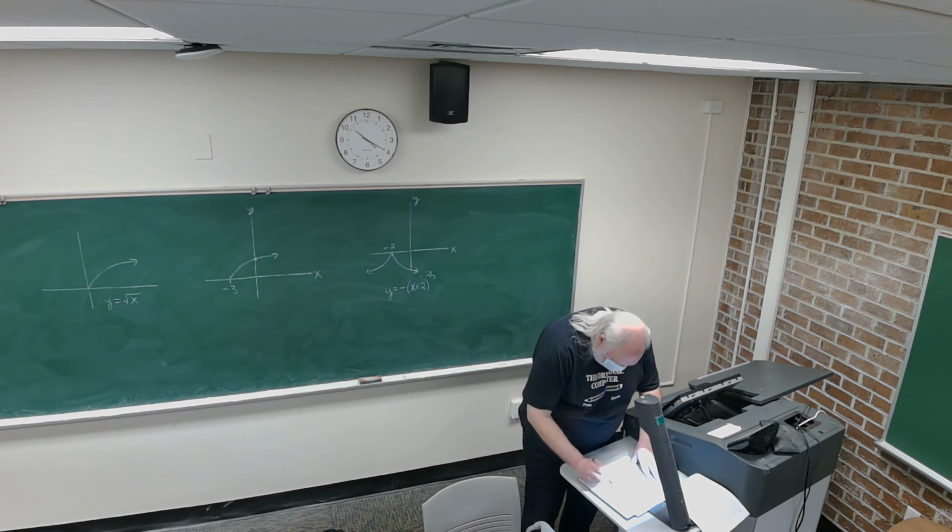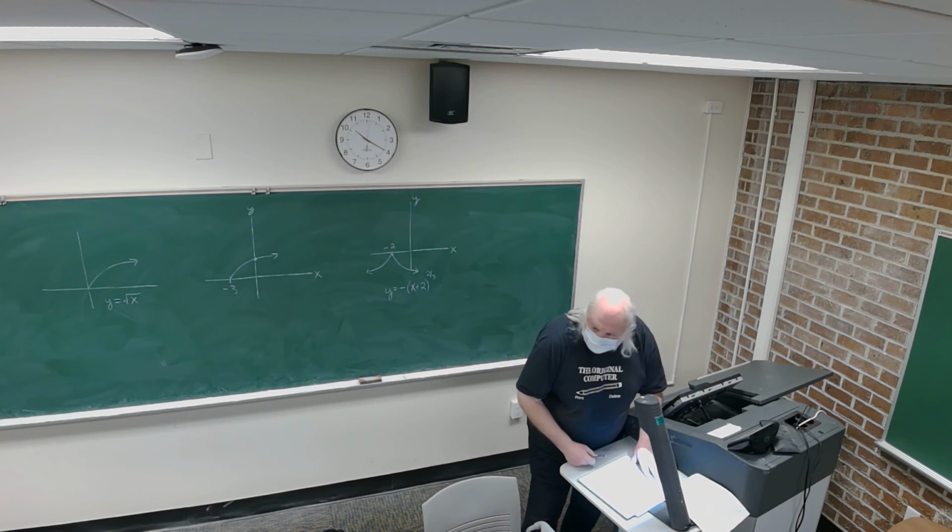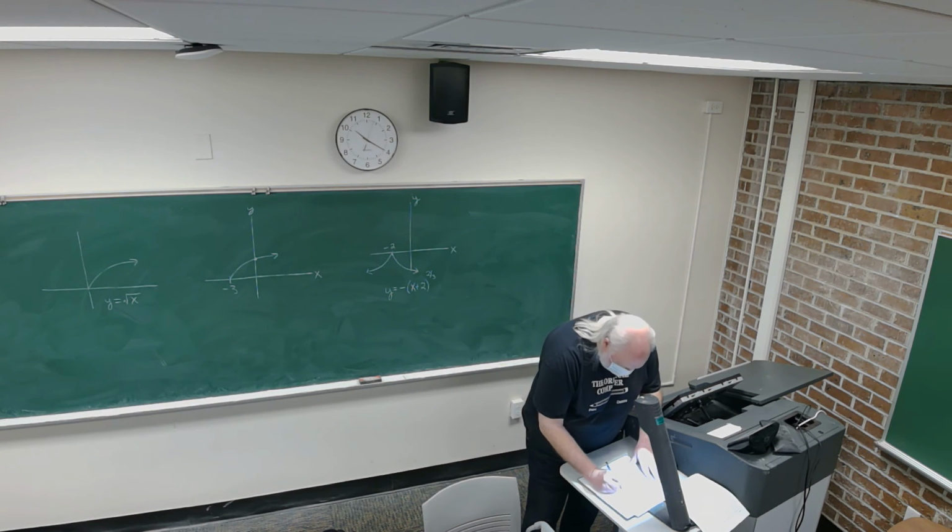Okay. And then remember, minus x plus 1 is the same as 1 minus x up here. Okay. And then I'm going to add 2, which shifts the graph up vertically 2 units. So y is equal to 2 plus, and I'm going to rewrite minus x plus 1 as 1 minus x.